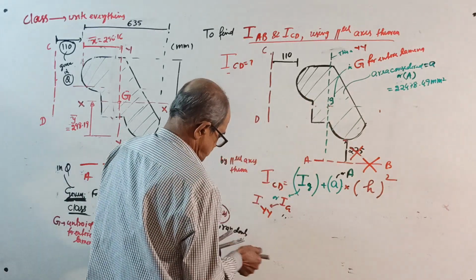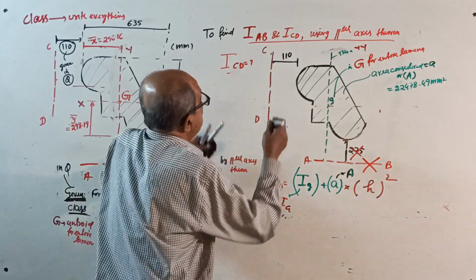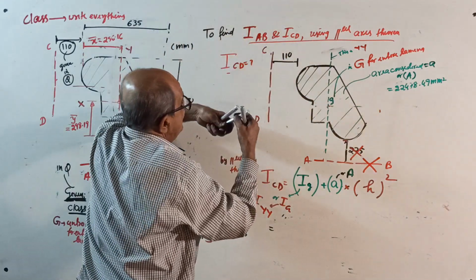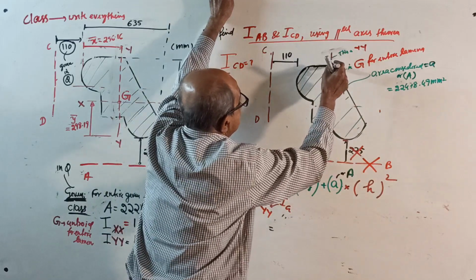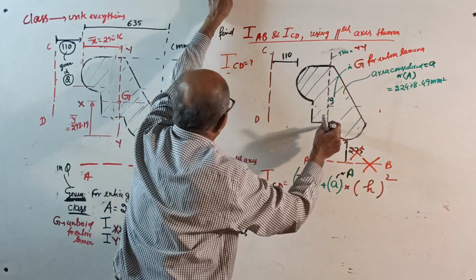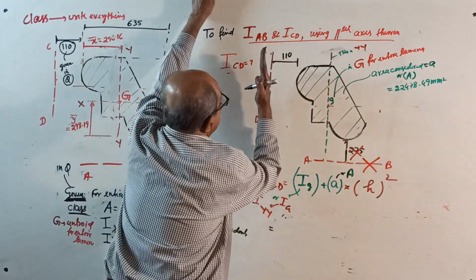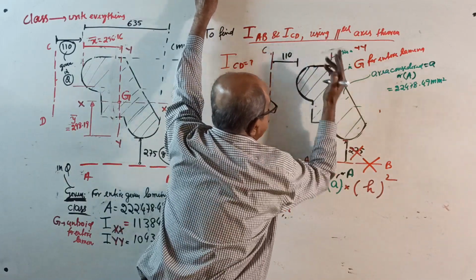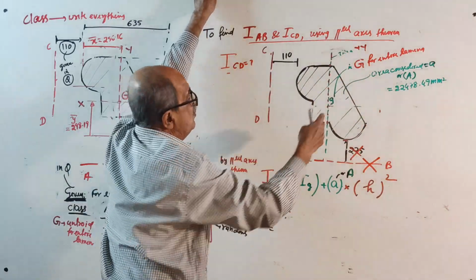If you want I about CD axis, first I about this axis, that also is red color. If you want I about CD, it is IG. Entire lamina is one unit now.